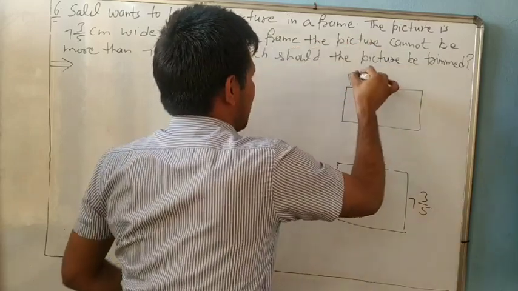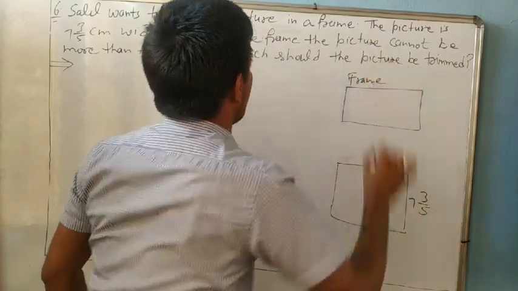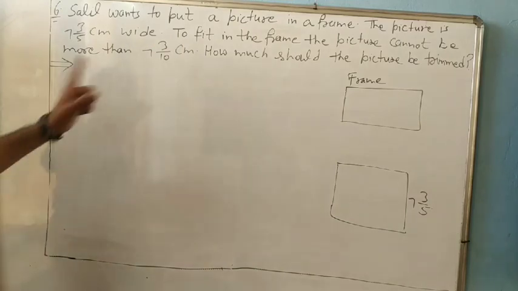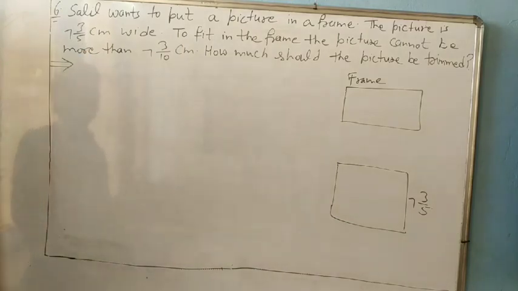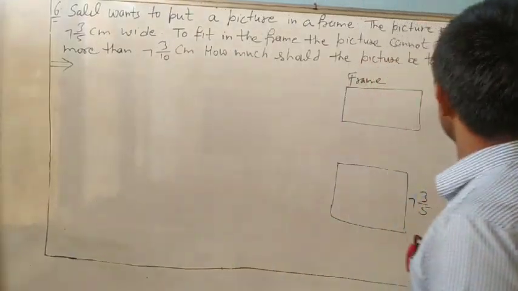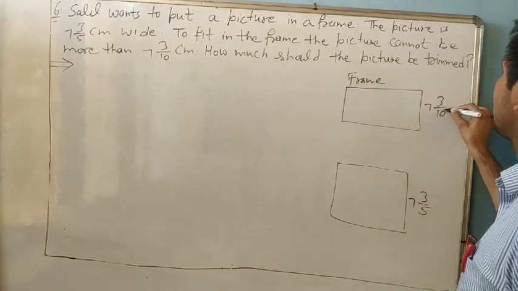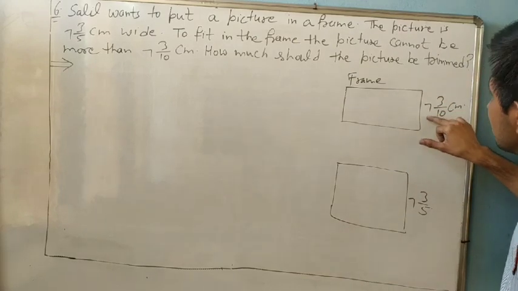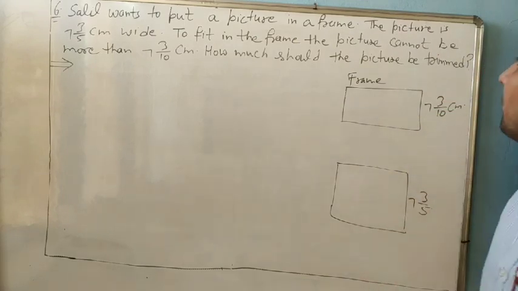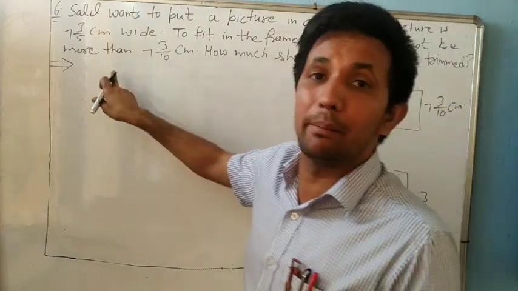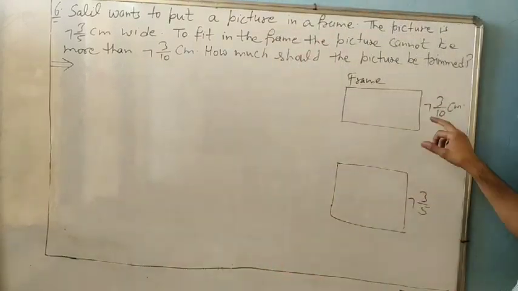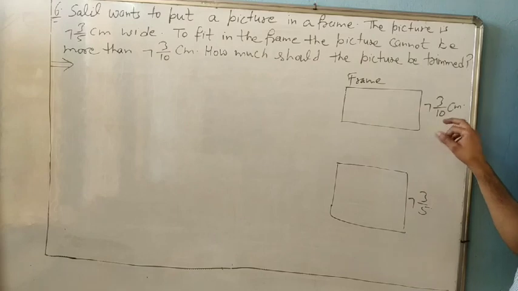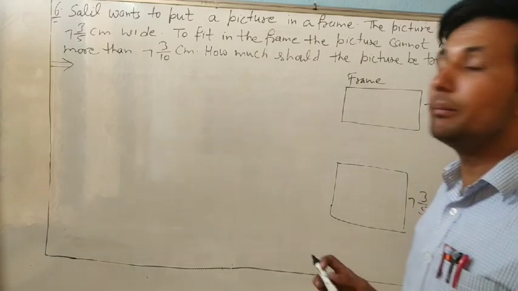To fit in the frame, the picture cannot be more than 7 and 3 upon 10 centimeter. It means the width of the frame is 7 and 3 upon 10, because the picture cannot be more than that.